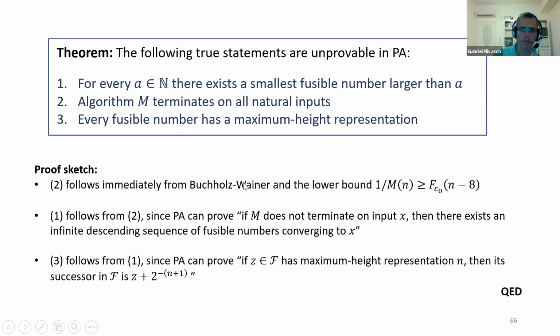And since we know that PA cannot prove that algorithm M terminates, in order to prove the first statement, for every A there exists a smallest fusible number larger than A, what PA has to do is to prove that if M does not terminate on some input X, then there exists an infinite descending sequence of fusible numbers converging to X. You have to relate the non-termination of the algorithm to an infinite decreasing sequence within Peano arithmetic, which means basically that you cannot use any infinite sequence in your arguments.